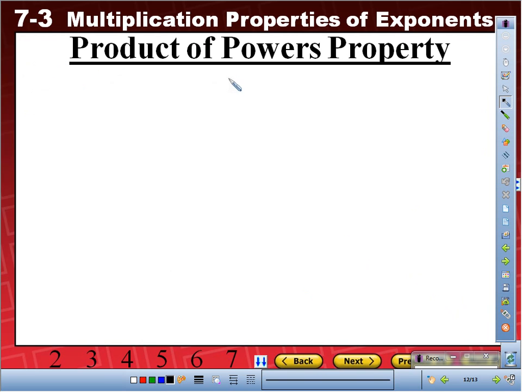And to illustrate that property, I'm going to call this example Q. Example Q. Okay, here we go. Write this down, 2 times 2.